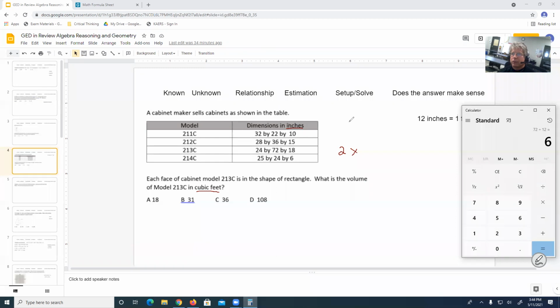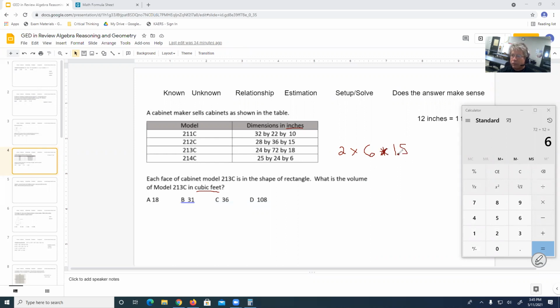That makes sense. So that's going to turn into a 6, and then 18 inches, well, 12 inches is going to be a foot, and 6 inches is half a foot. So that's going to be 1.5. The word by actually means multiplication, so it's 2 by 6 by 1.5.